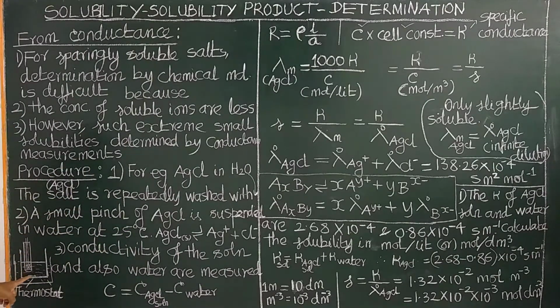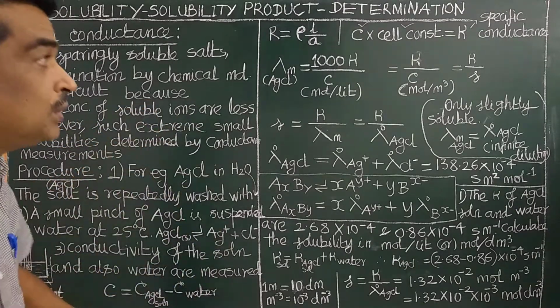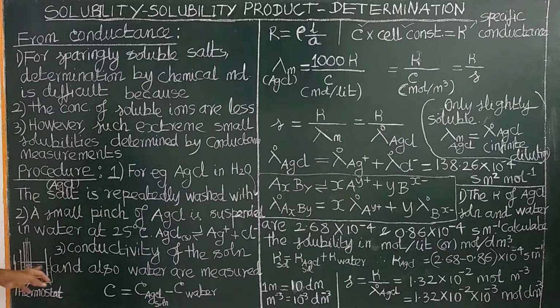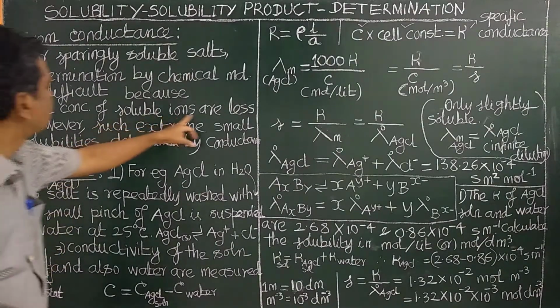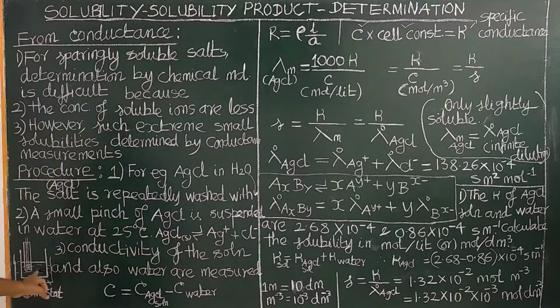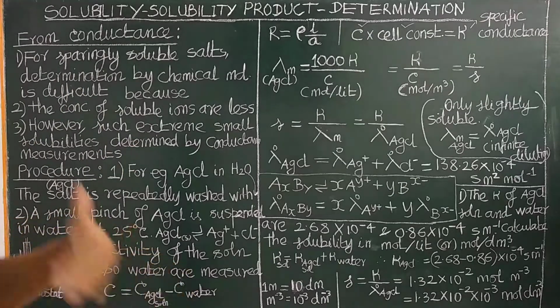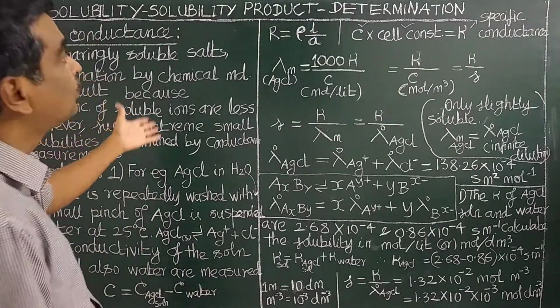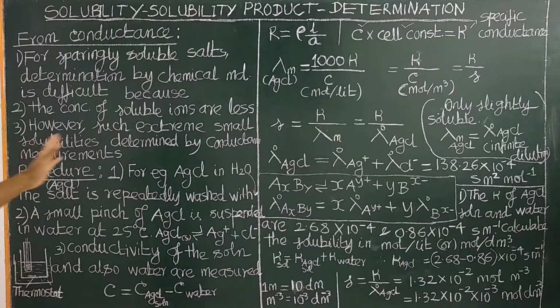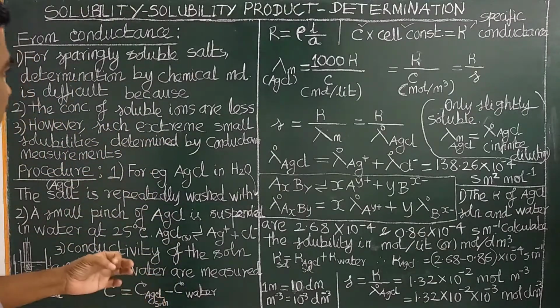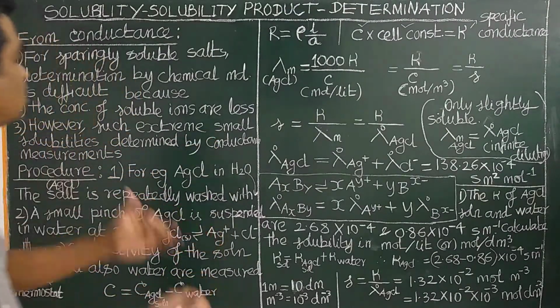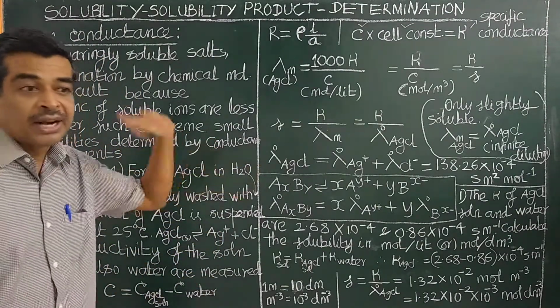Because if you add a pinch of silver chloride, a sparingly soluble salt, the concentrations of Ag plus and Cl minus ions are very less because of very poor solubility. Therefore, chemical methods cannot be used to determine the solubilities of sparingly soluble salts. However, such extremely small concentrations of ions can be determined by the conductance method.